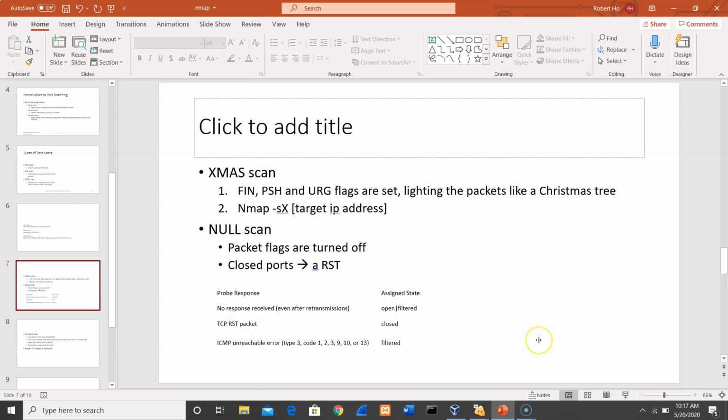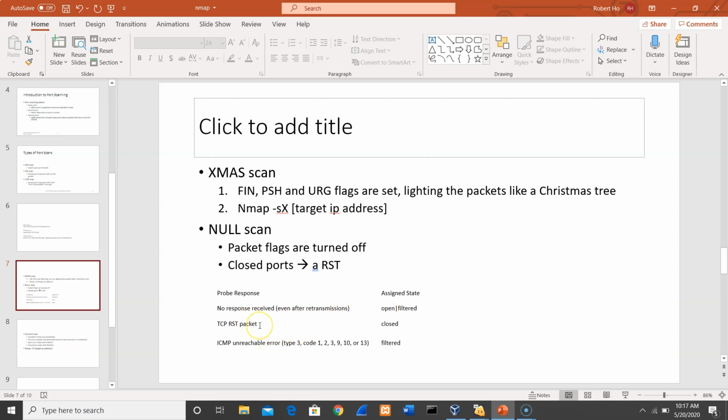So let me put it in another way. Let's say that a student runs a Christmas scan. If the port is closed, it will reply with a reset packet. The student can see the flow using Wireshark.